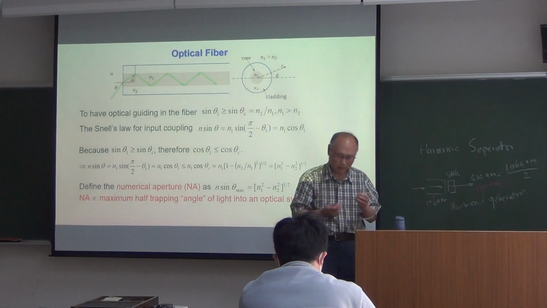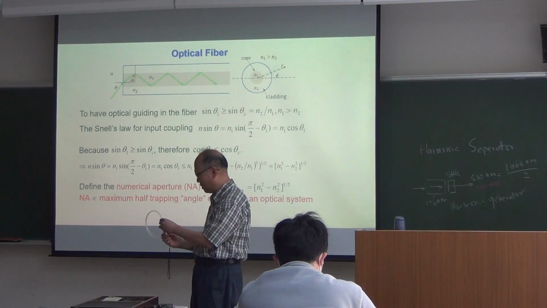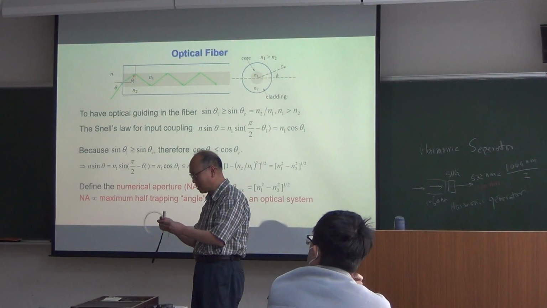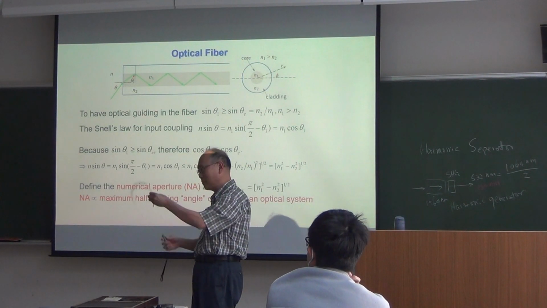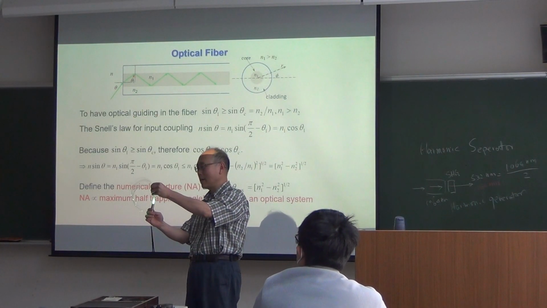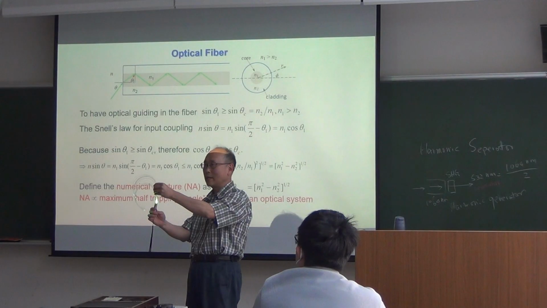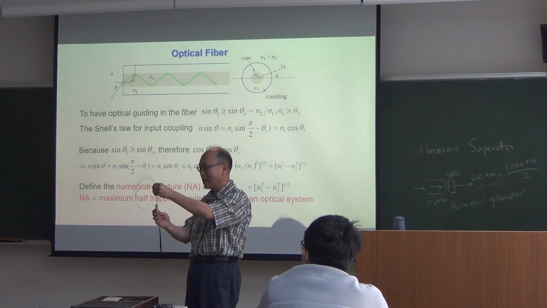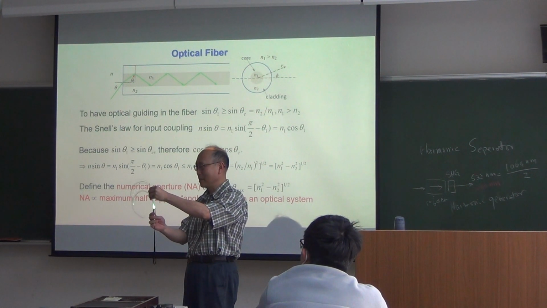This is the jasmine flower. This is a plastic fiber, and you see the light coming out like this. And in the supermarket, you can buy this with LEDs of different colors underneath, and so it becomes a Christmas decoration.